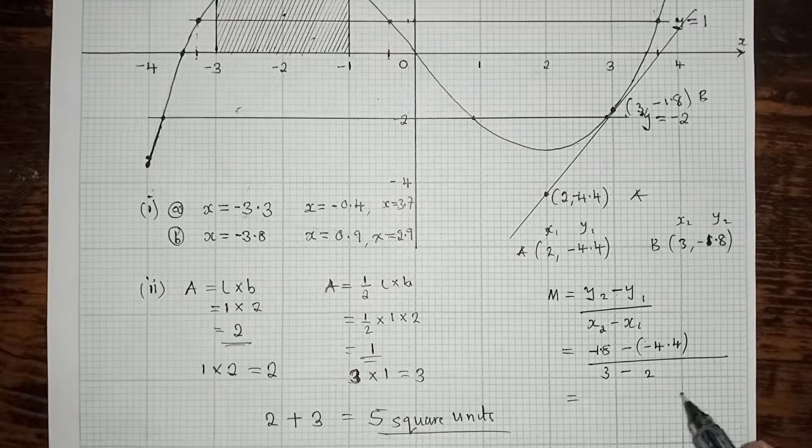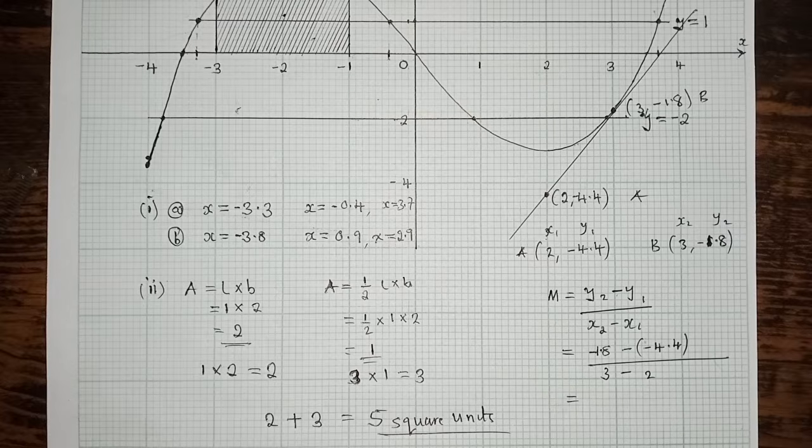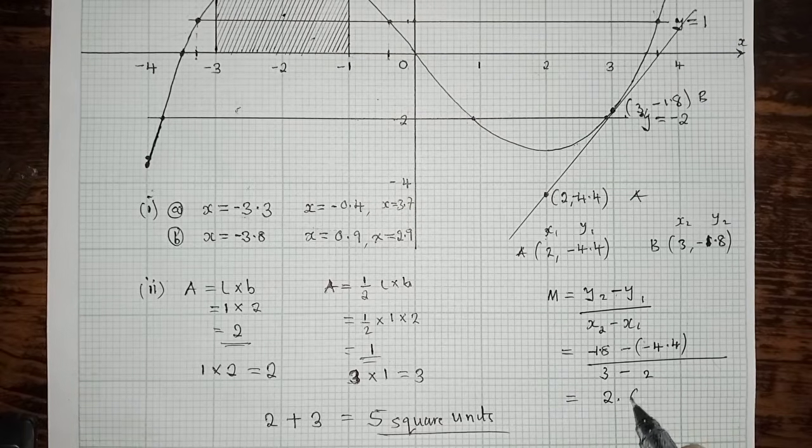So here you do the calculations nicely. Let me use my calculator here. You punch negative 1.8 minus negative 4.4. What you are getting is 2.6.